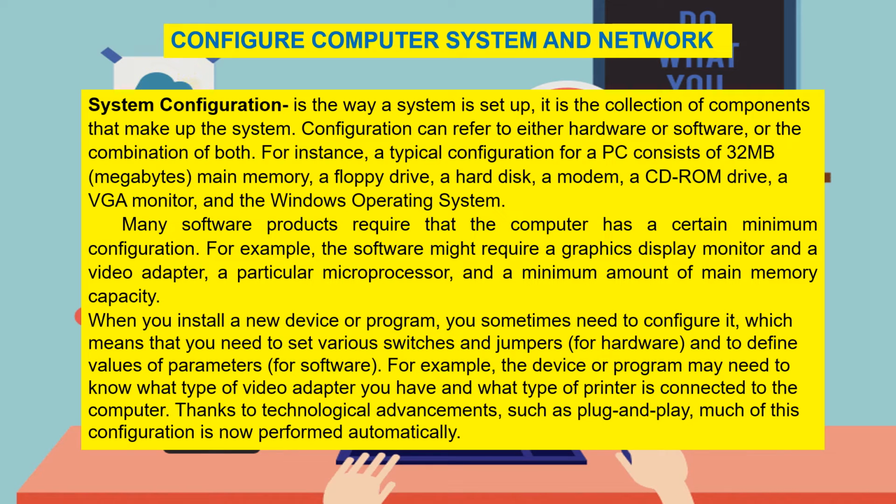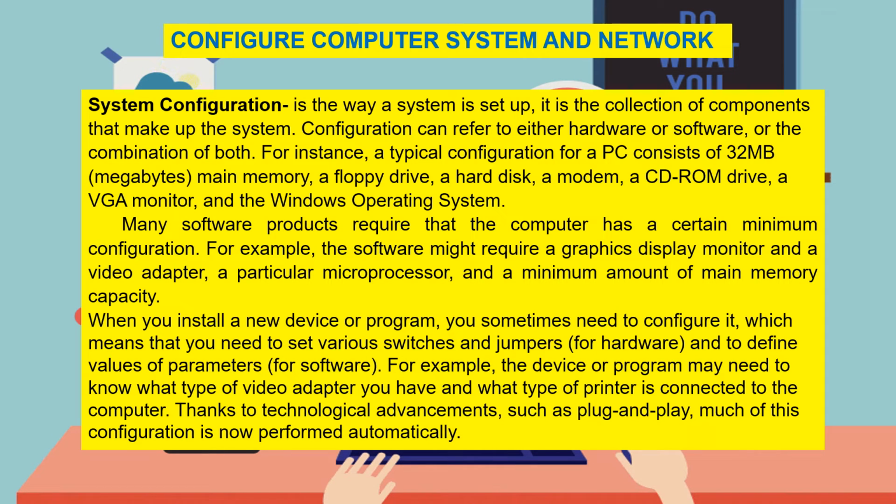Many software products require that the computer has a certain minimum configuration. For example, the software might require a graphics display monitor and a video adapter, a particular microprocessor, and a minimum amount of main memory capacity.